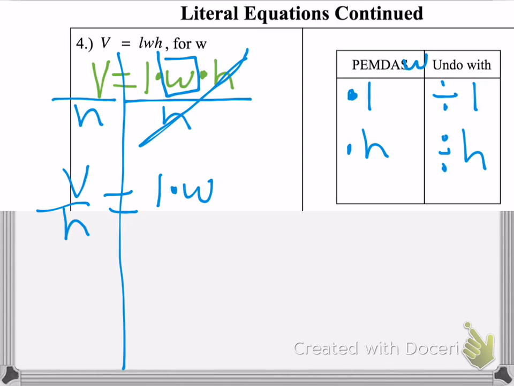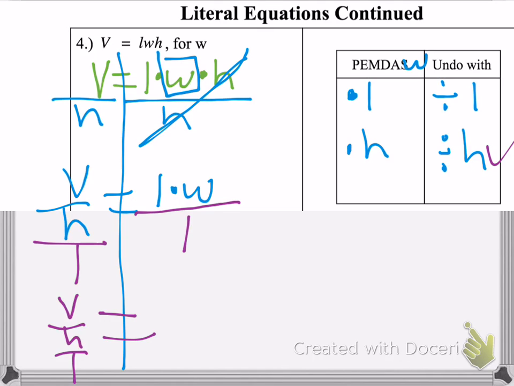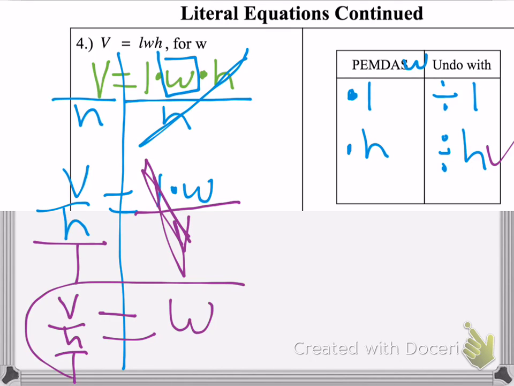So that step was taken care of, and next we're going to do dividing by L, and so we get V divided by H divided by L. That's perfectly fine. There is a way to simplify that, but I'm not going to worry about that right now. We have L divided by L, and that cancels, so we just get W. We have W by itself, we are done.